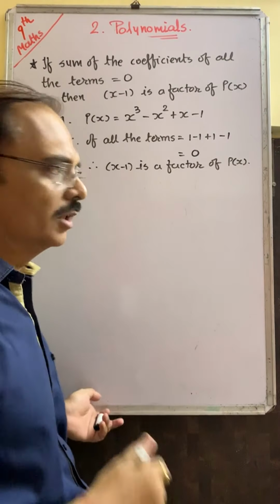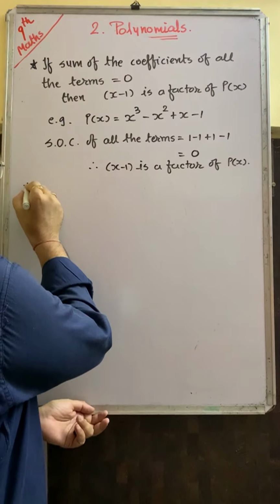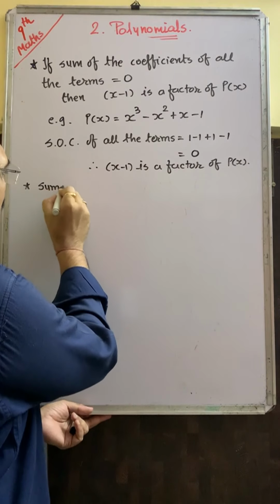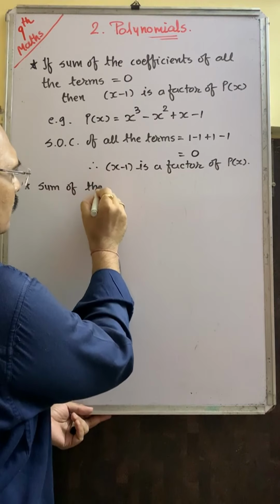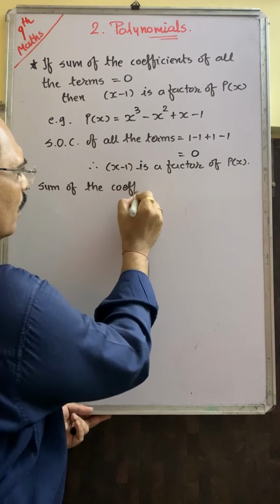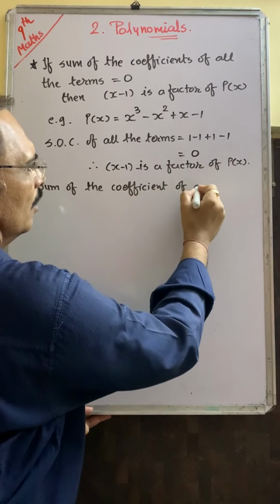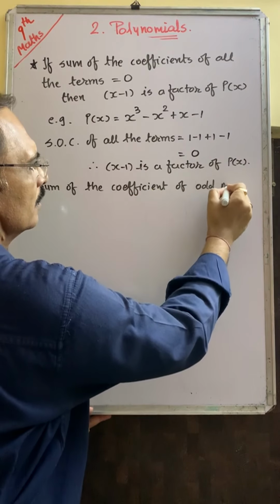if sum of the coefficient of all the terms is not 0, then what? Then another rule: if it is not 0, then apply sum of the coefficient of odd power terms.